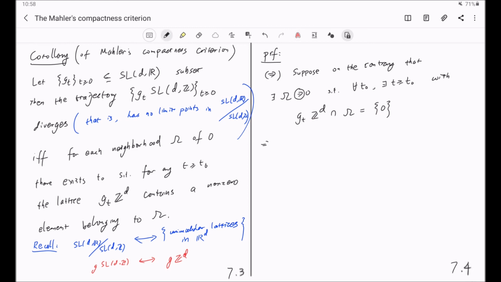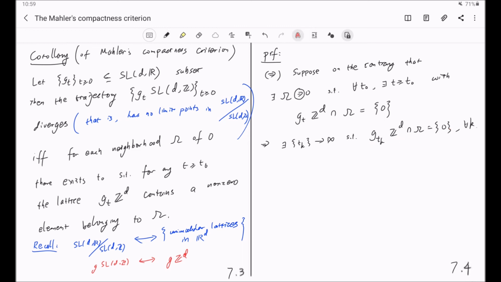And it follows that there exists a sequence t_k going to infinity such that g_{t_k} Z^d intersection omega is trivial for any k.